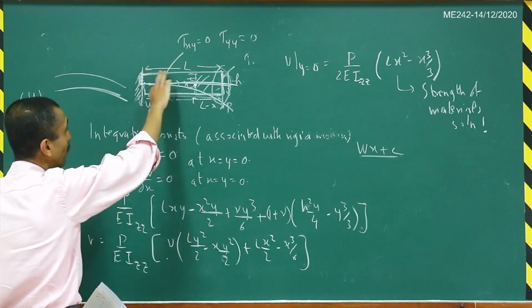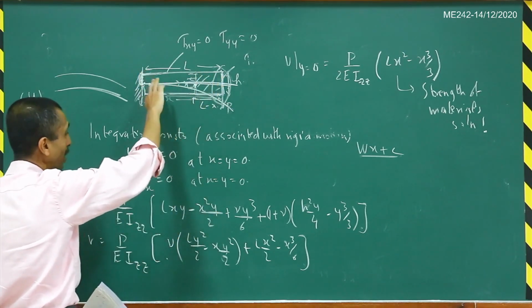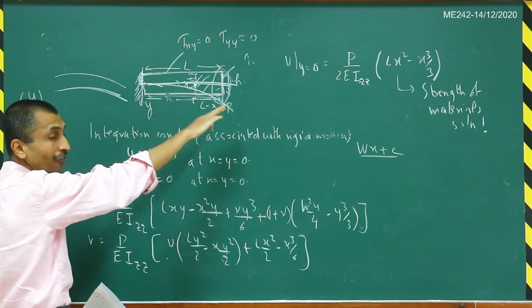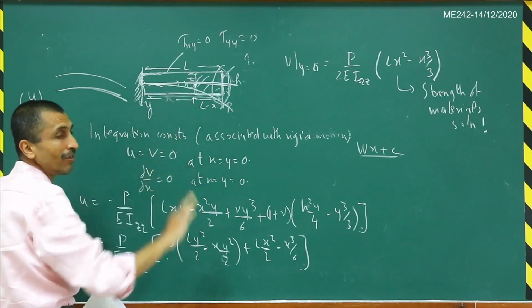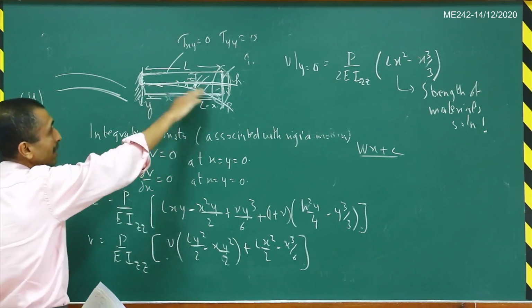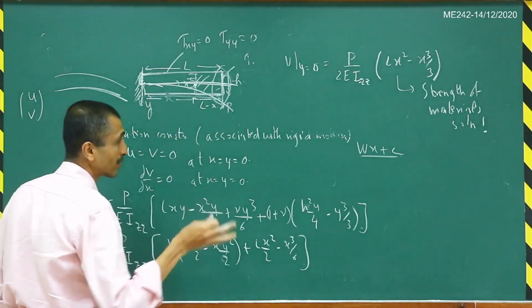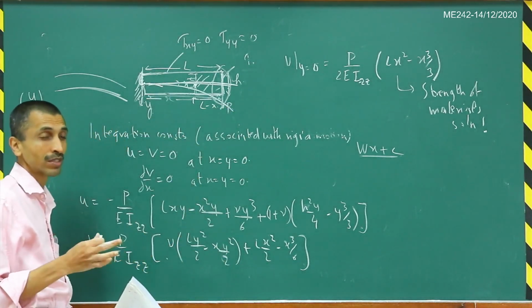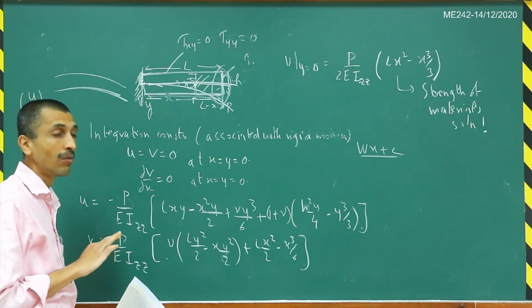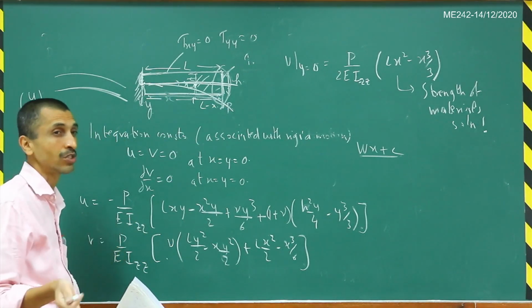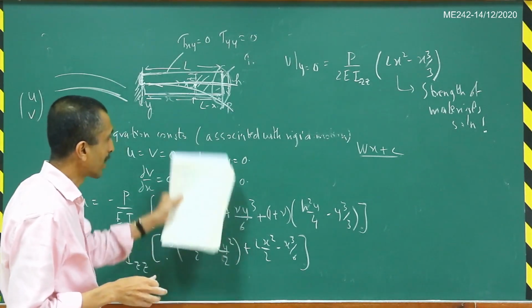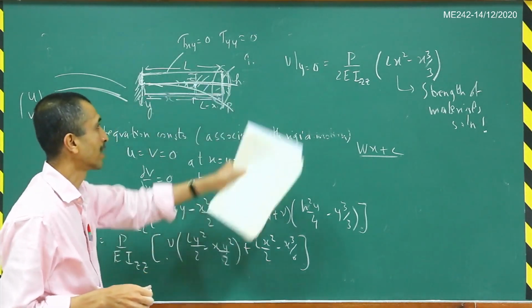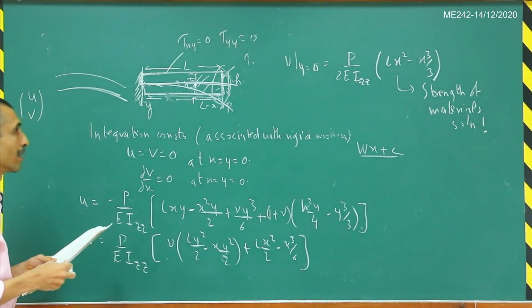The top fiber is not going to deflect in exactly the same way as the mid fiber, but that deviation will be very small from the center line deflection. That is why the strength of material solution works, and why it gives almost the correct stress distribution and so on. So the effect of this y is fairly minimal. That is what it is saying here.